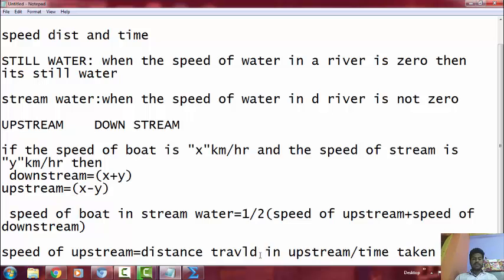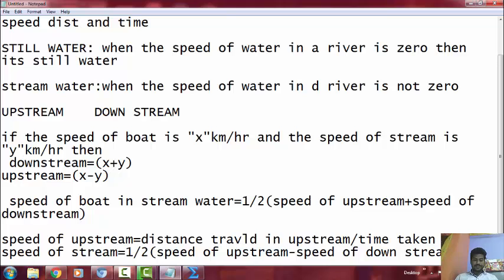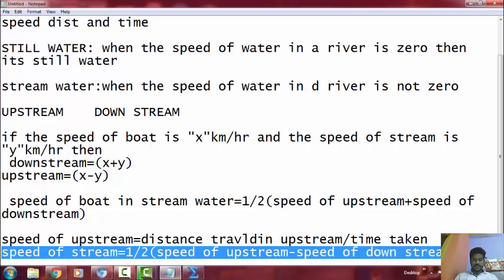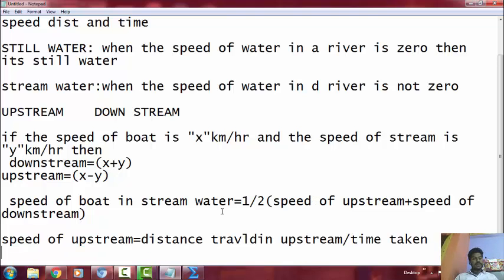Whenever I write the speed of upstream, you need to consider it as distance traveled in upstream divided by time taken.